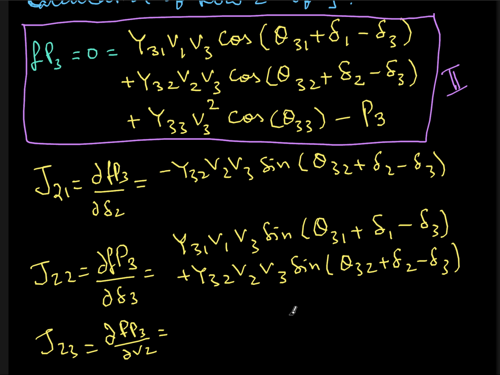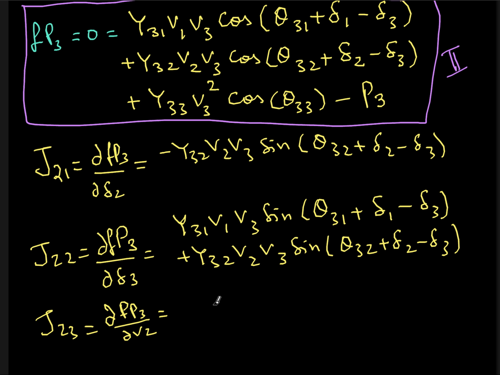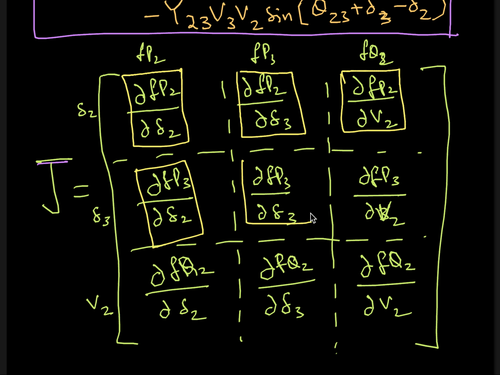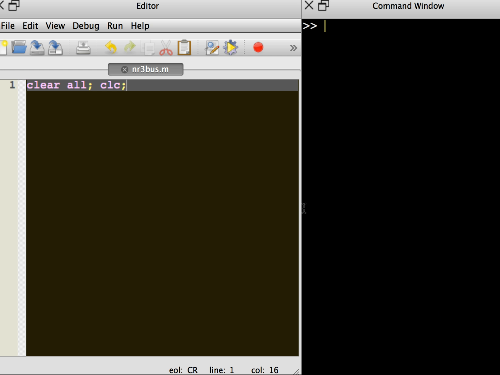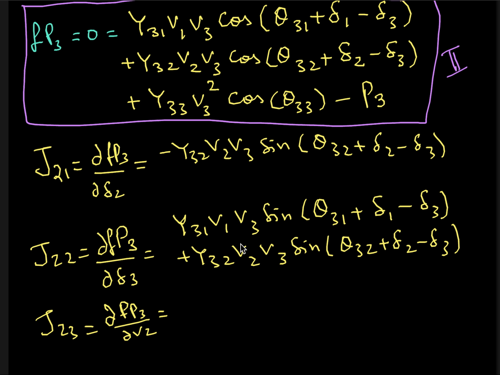Now let's do the final one: differentiate with respect to v2. We have done this; now we have to do the differentiation of the function with respect to v2. There is no v2 in the first term, so leave it.